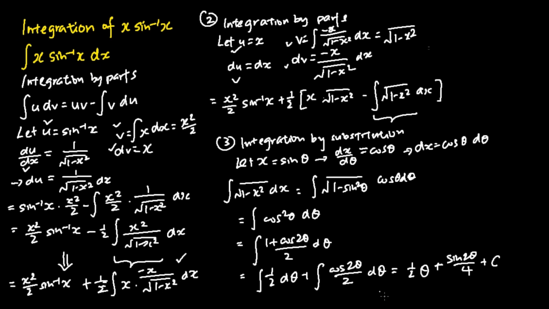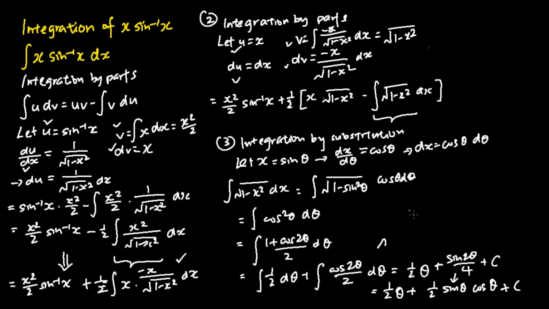And from here we get half theta plus half sine theta cosine theta plus c. The reason is because we apply the trigonometry identity that sine 2 theta is equal to 2 sine theta cosine theta, and hence the second term becomes just half sine theta cosine theta plus c.